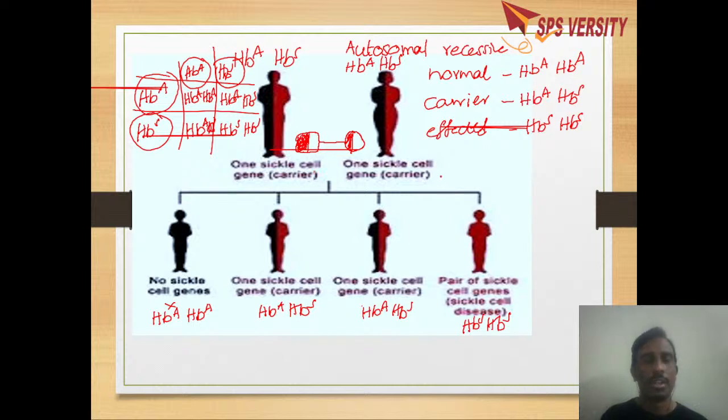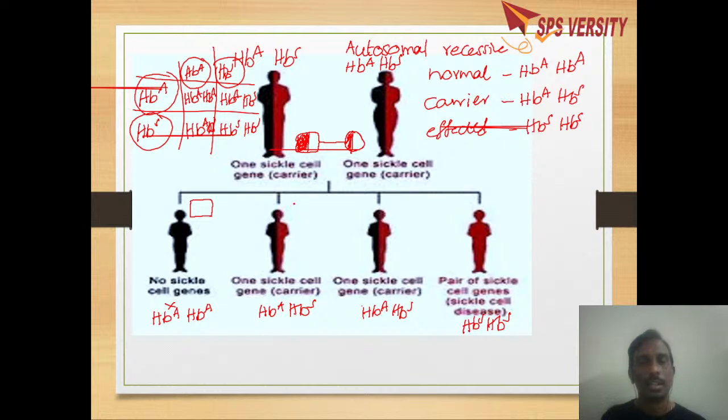They had 4 children. In these 4 children, if you see, this one is suffering with sickle cell, and that one is not suffering. This square is without. A carrier, she is a carrier female.